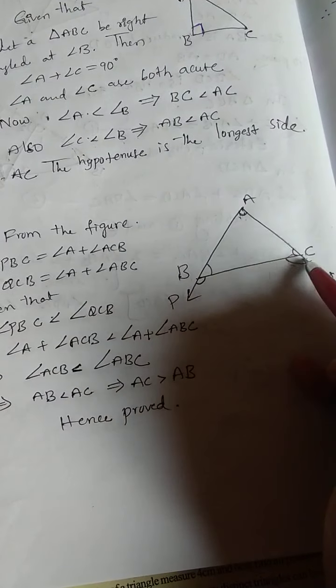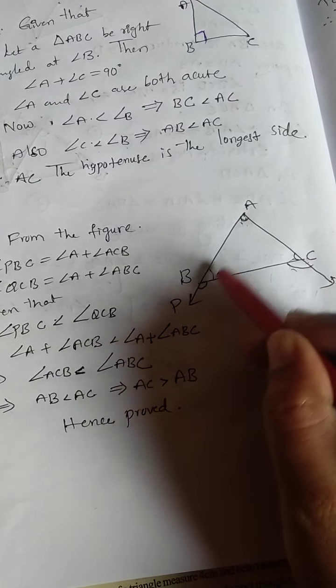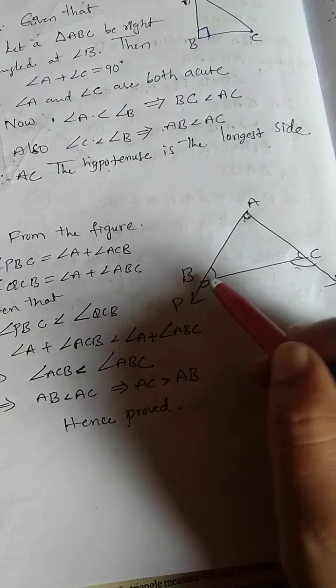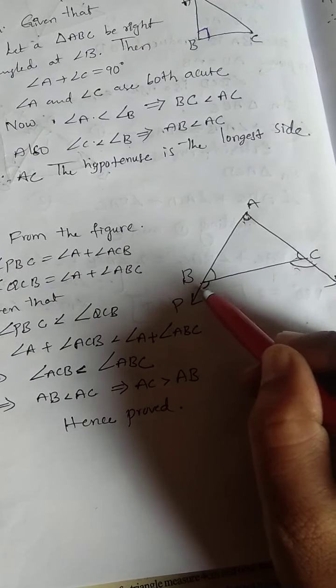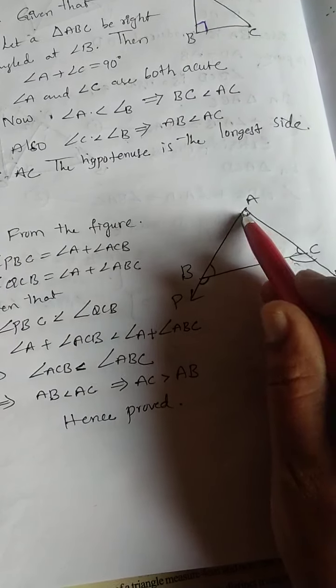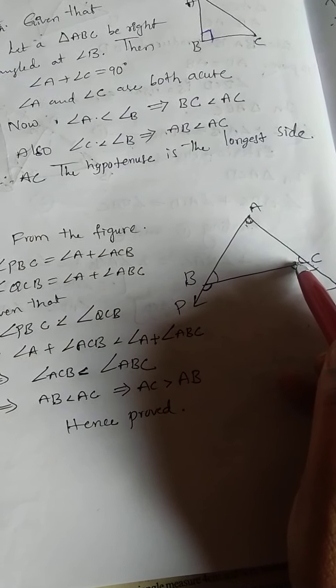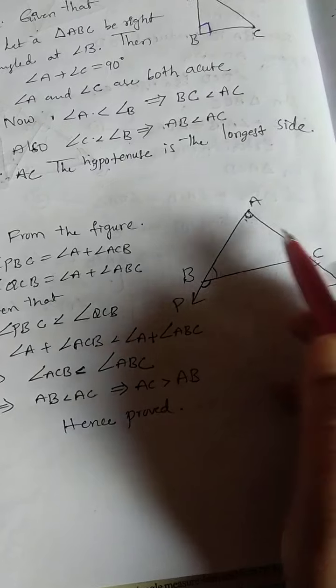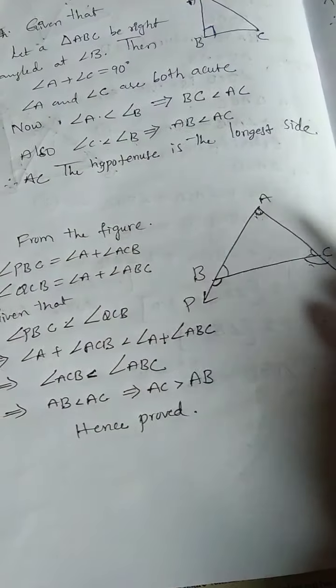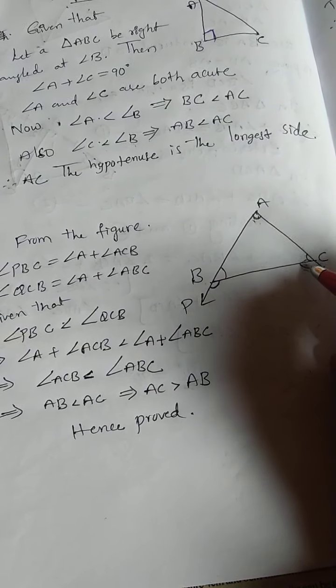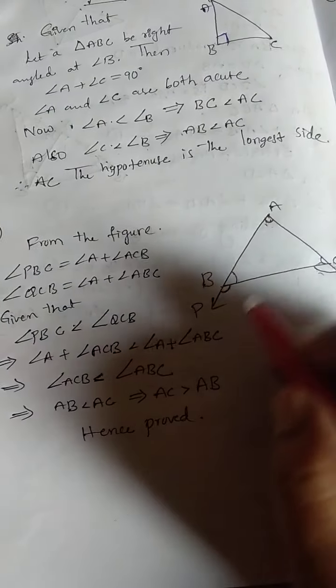Angle PBC is the exterior angle for this triangle ABC. These two are interior opposite angles. So we know the condition: exterior angle is equal to the sum of the two opposite interior angles.